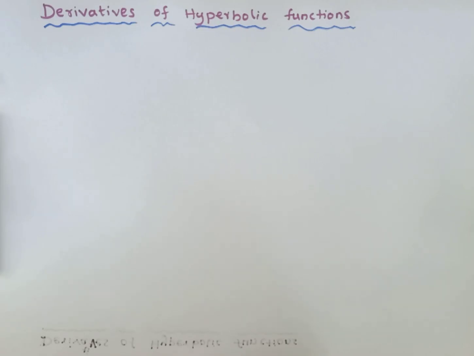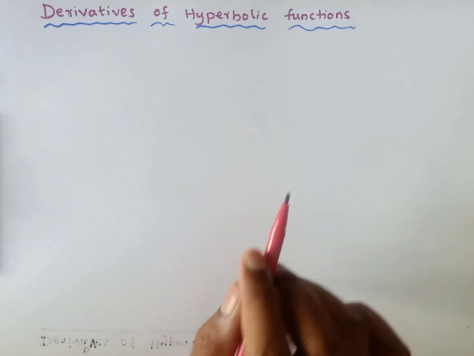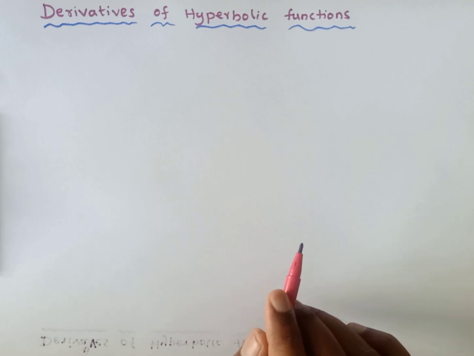Dear students, in this lecture you are going to learn the derivatives of hyperbolic functions. In the previous lecture we have seen the derivatives of trigonometric functions as well as inverse trigonometric functions. Now we will see the derivatives of hyperbolic and inverse hyperbolic functions also.